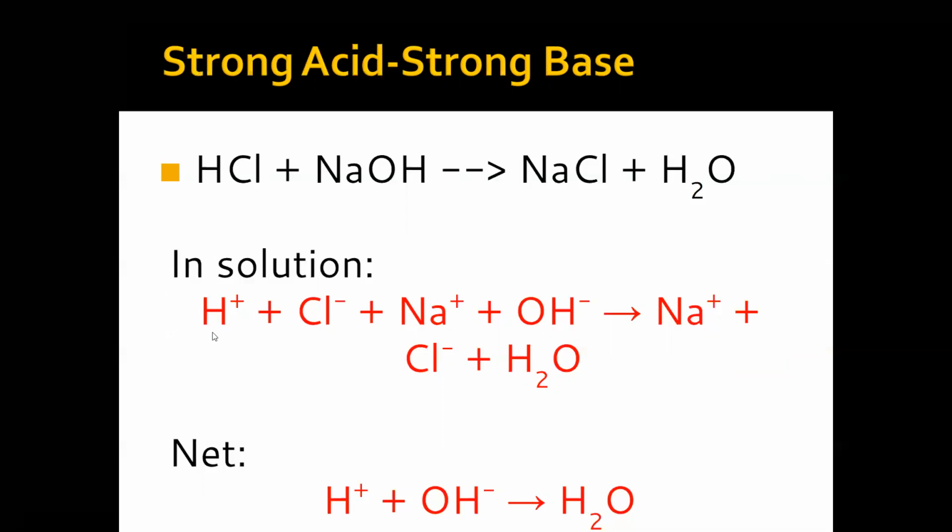So we know that these things would ionize in water, and therefore in our complete ionic equation, or in solution, right here, we have our hydrogen ion plus our chlorine ion plus our sodium ion plus our hydroxide ion on the left. And on the right, salts are soluble. So we have our sodium ion again and our chlorine ion here, but water does not ionize. Water does not break apart in water.